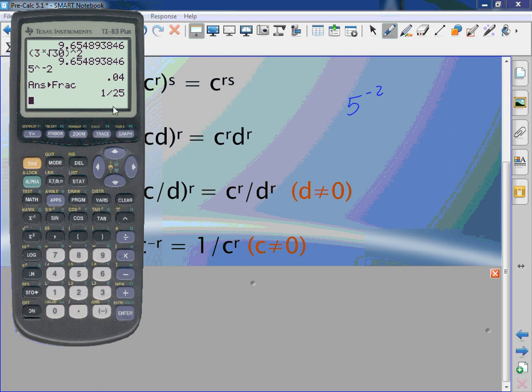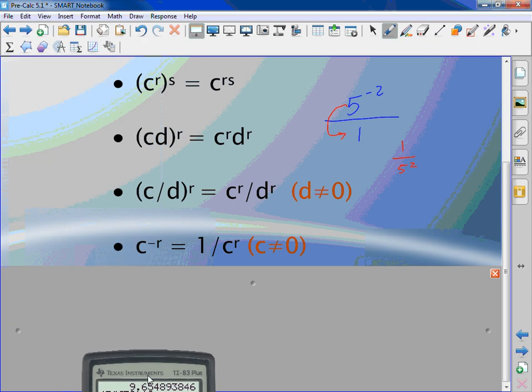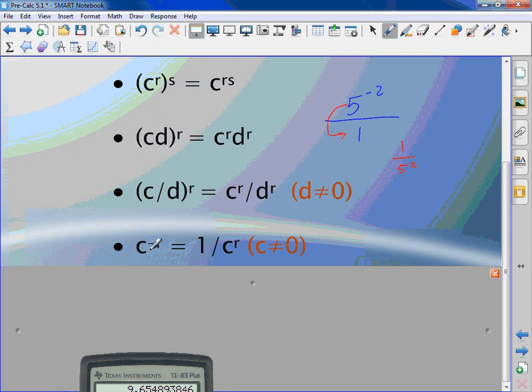Where did I get this 25 from? Looking at this, 5 squared is 25. If I have a negative exponent, this is actually over 1, right? It just means this belongs on the bottom and would be 1 over 5 squared, which is 25. Negative exponents mean you belong on the opposite side, numerator or denominator.